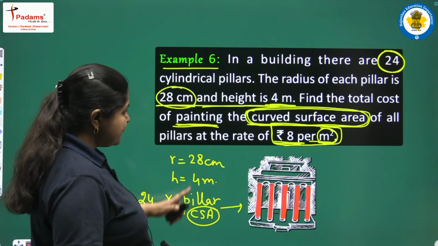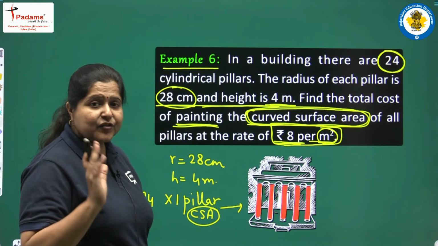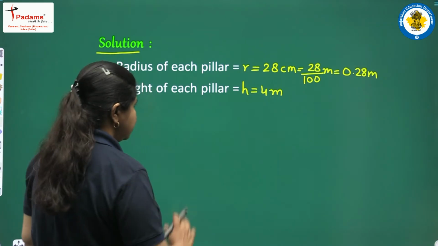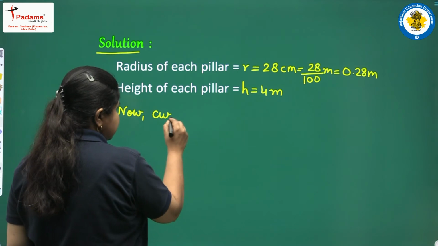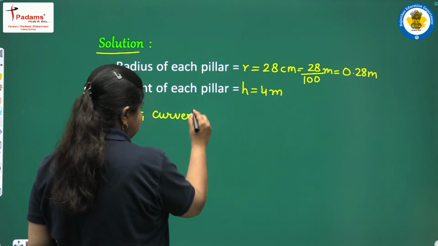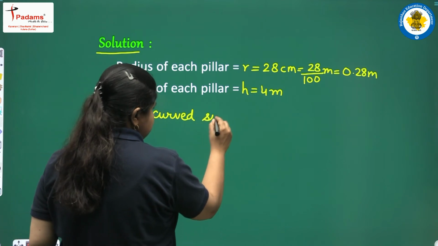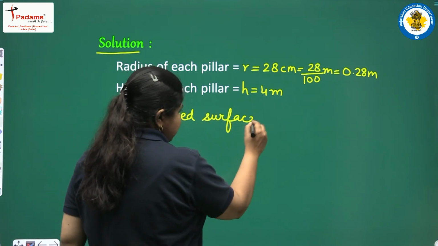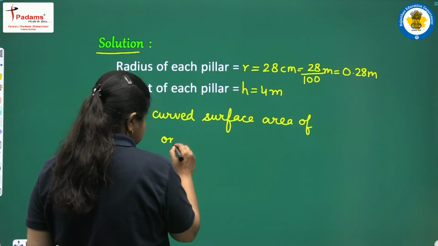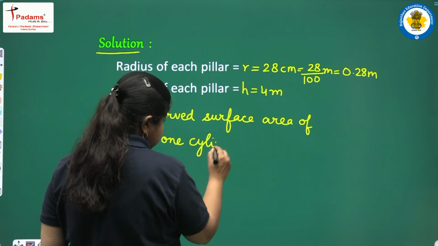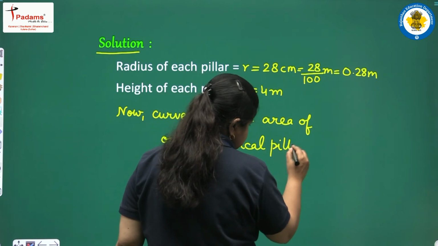What next? We have to paint these cylindrical pillars and the curved part is to be painted. So we write here now curved surface area of one cylindrical pillar.